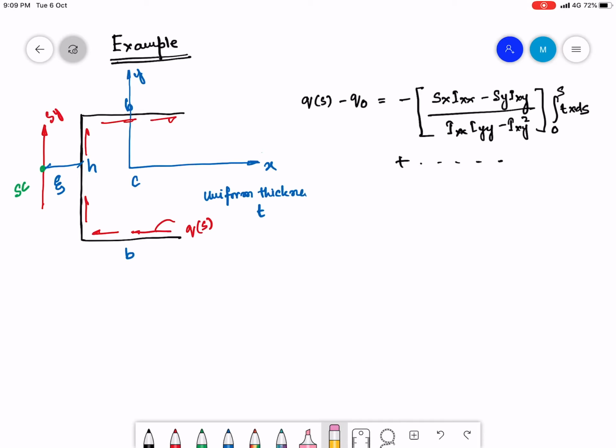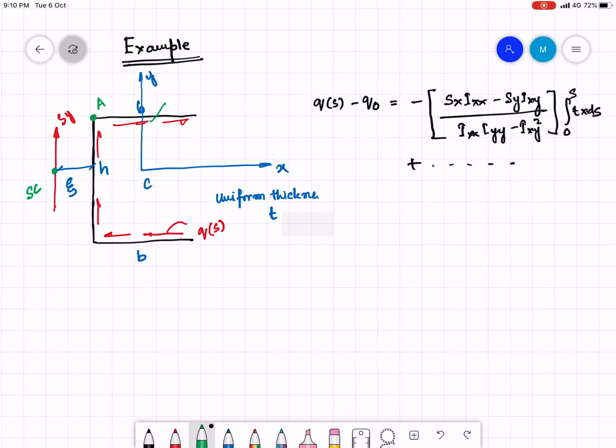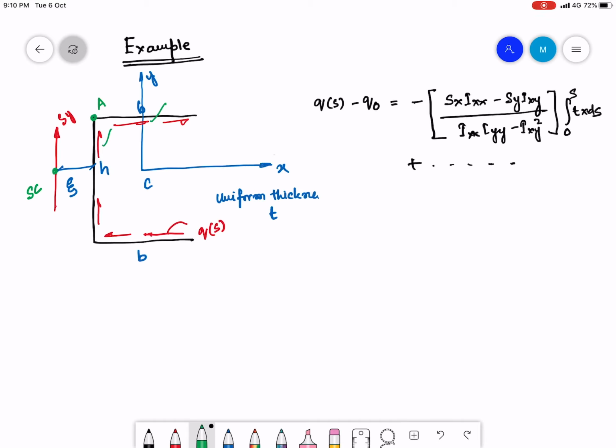Like for this particular cross section, I will choose the point to be here. I will choose this to be my point A, because about A, the contribution to the moment because of this Qs is going to be 0. The contribution due to this Qs is going to be 0.